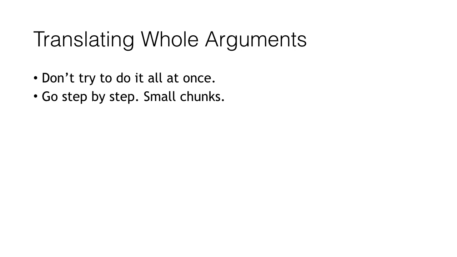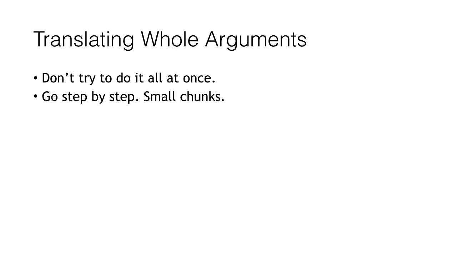So when we translate a whole argument, the key is to do it slowly and to break it into small pieces, right? Now, look, if you look at a whole long argument and try to just instantly translate it into some kind of symbolic form, that is a recipe for frustration.